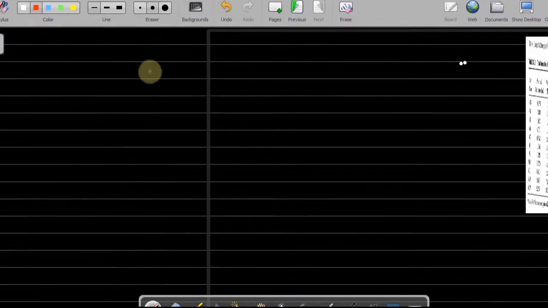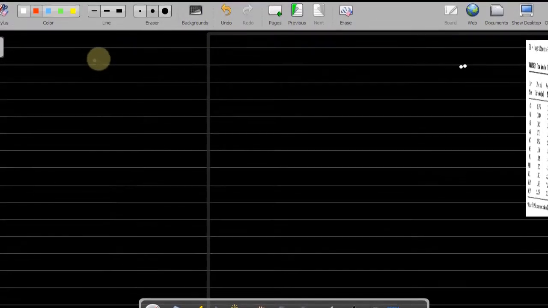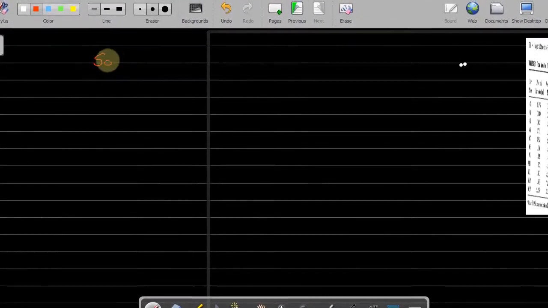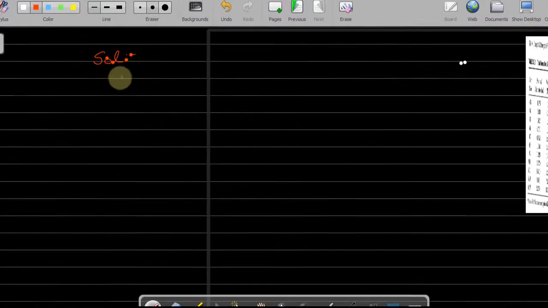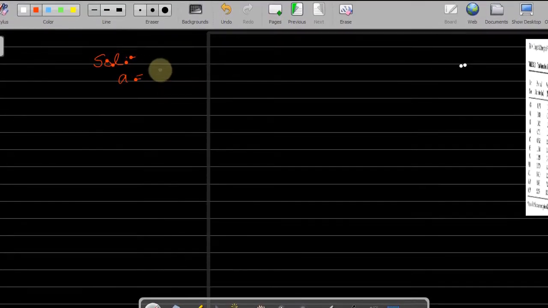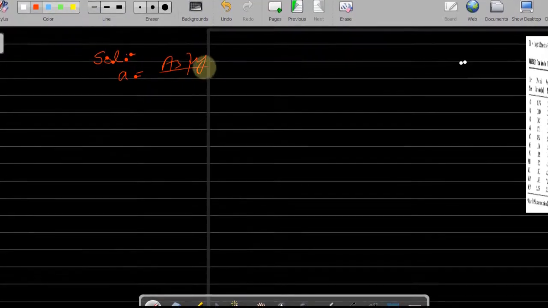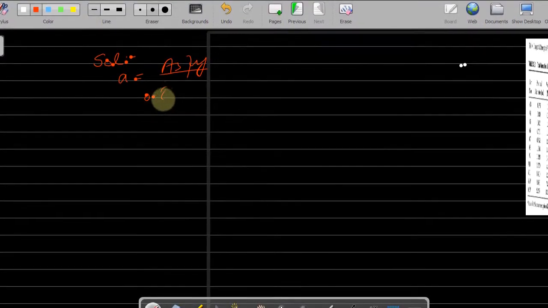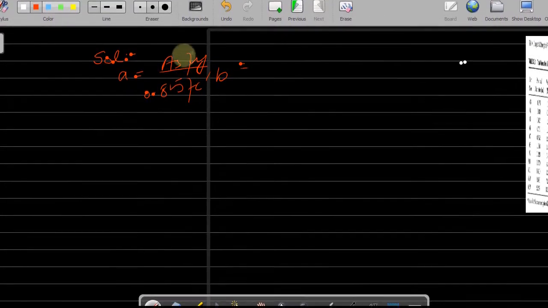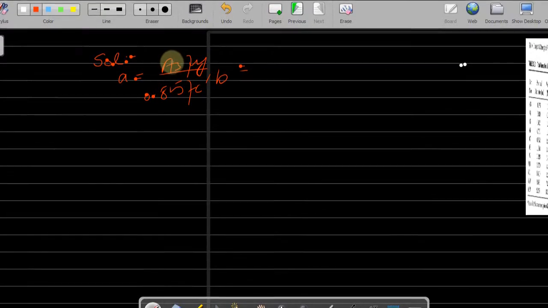Now, as in the previous example number 1, we find out the value of a by using the area of steel times fy divided by 0.85 fc prime times b. So we have a's value.